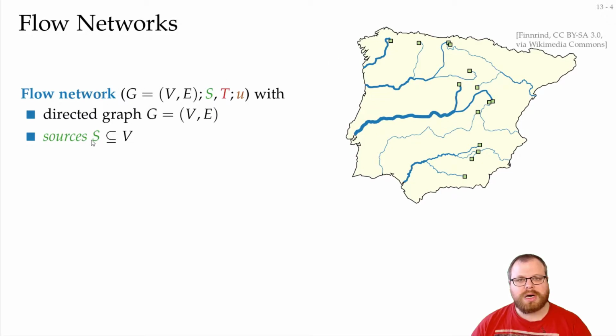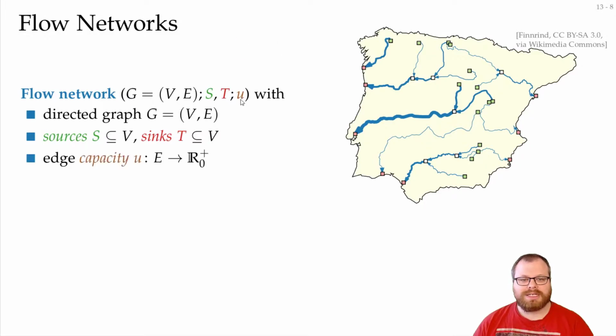This is also our set S. Then we have the sinks where the water flows to. This is also our set T. And then we have additional vertices on these crossing points where two rivers meet. And since it's directed, all these are directed from the sources to the sinks, so in the direction of the water flow.